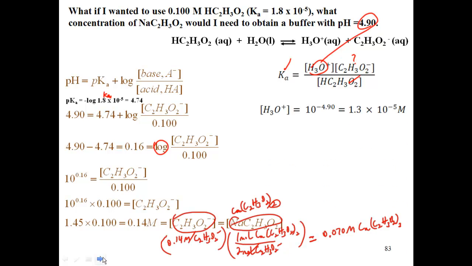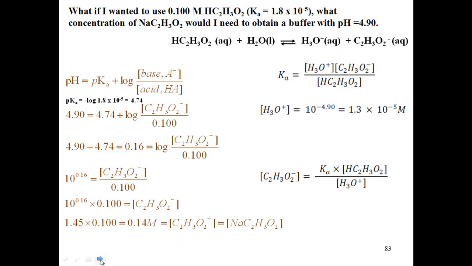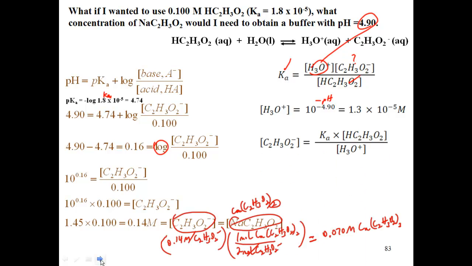So I'll just do the math. First, I figure out my hydronium ion concentration, which is 10 to the negative pH, which gets me 1.3 times 10 to the negative fifth molarity. I rearrange the equation, solving for just my acetate ion, which gives Ka times my concentration of acetic acid divided by my hydronium ion.